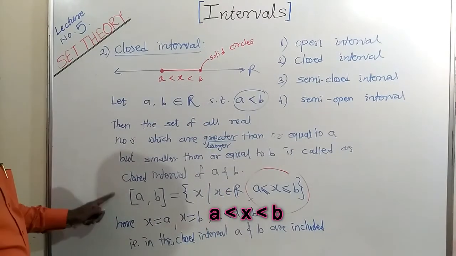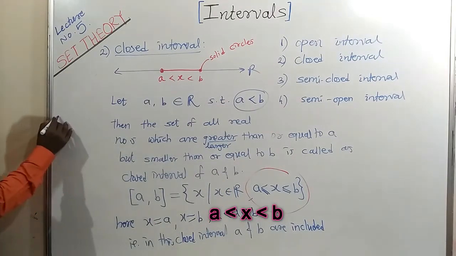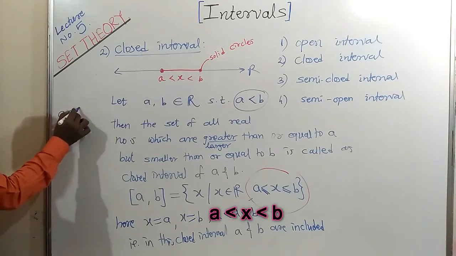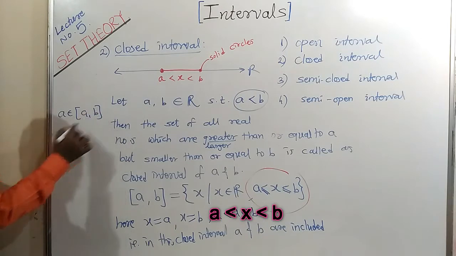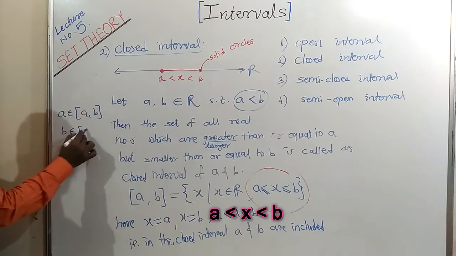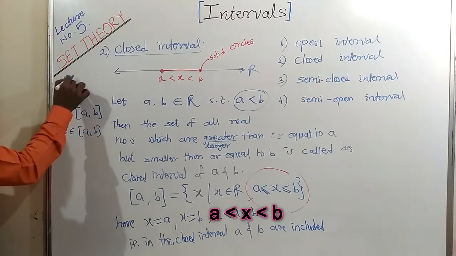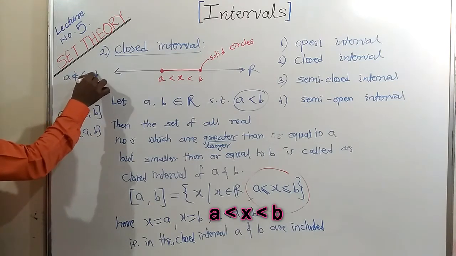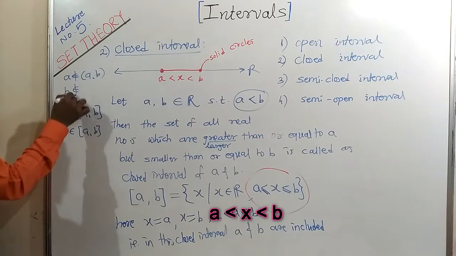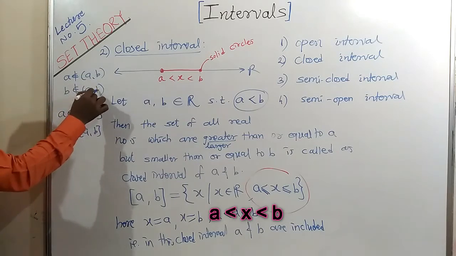Means what we can write here: in this case, A belongs to the closed interval AB and B also belongs to the closed interval AB. But in the case of the open interval, A does not belong to the open interval AB and B also does not belong to it.